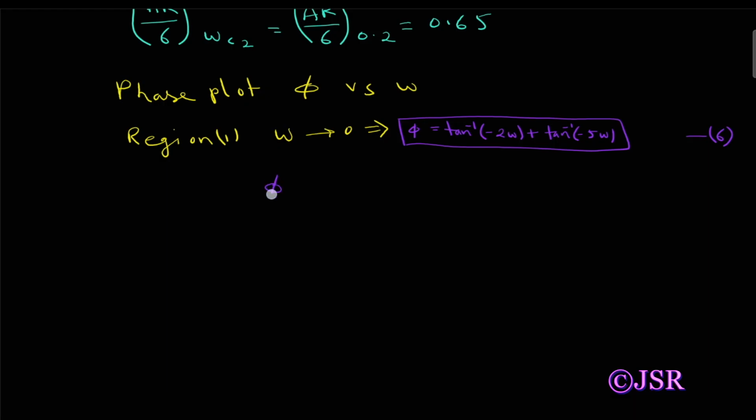So when omega tends to 0, phi will be tan inverse 0 plus tan inverse 0. So we will have 0 degree.